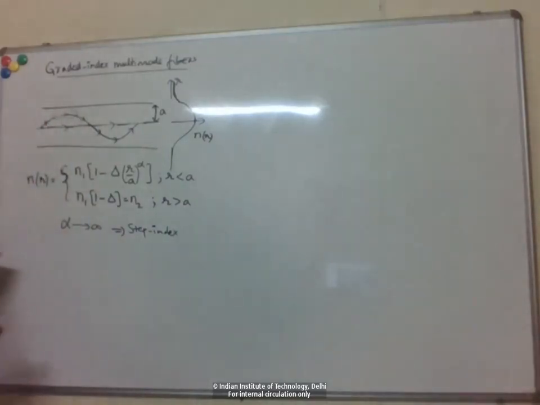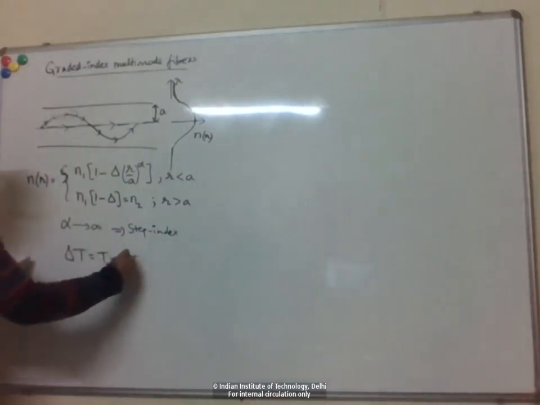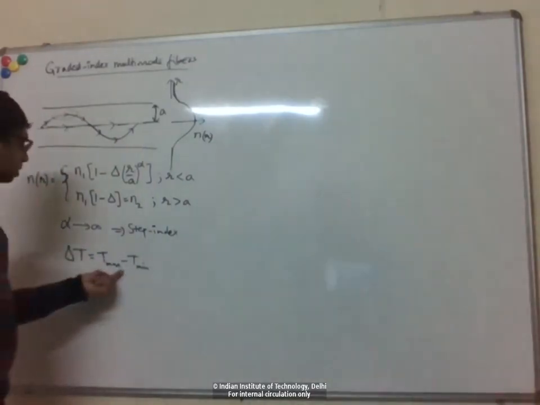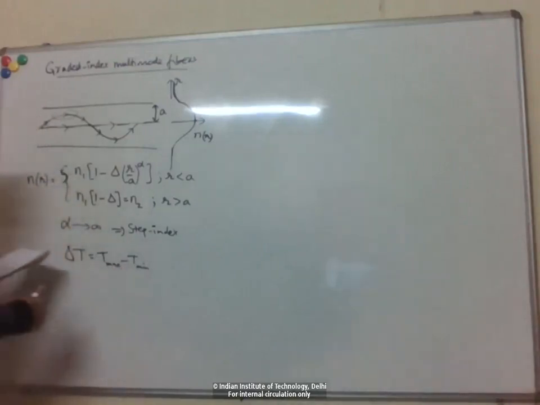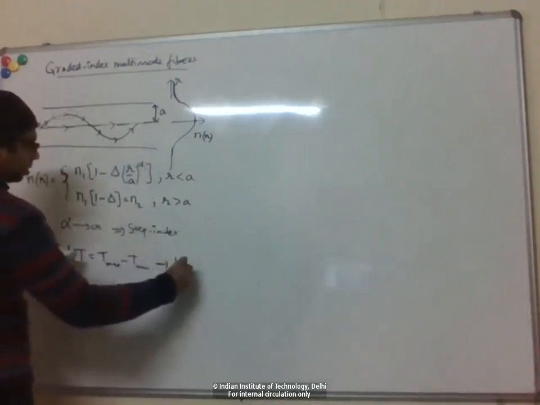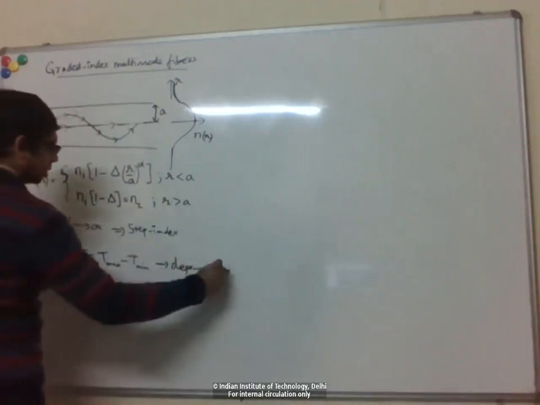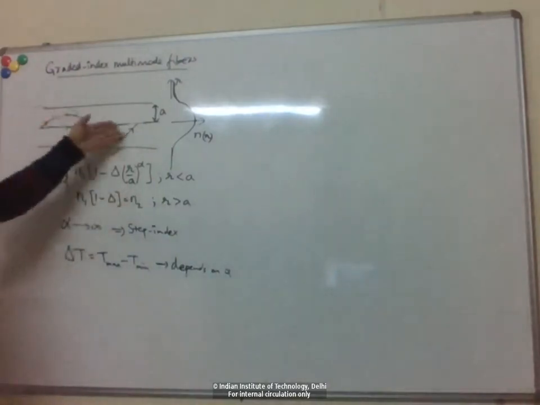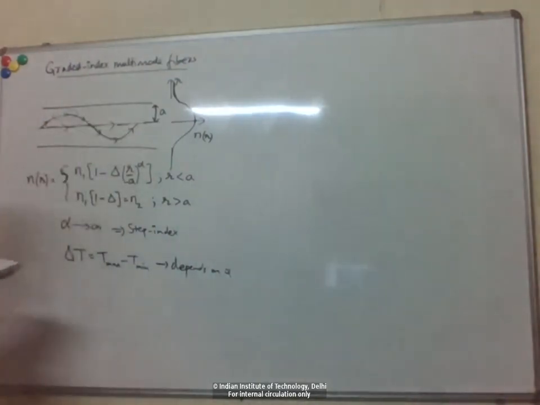So this delta t, which is the difference between the time taken by the ray with the longest path and the shortest path, depends on alpha, of course, because the ray paths will depend on alpha. For certain alphas, you can solve. In general, for general alpha, you will probably need to solve this numerically.